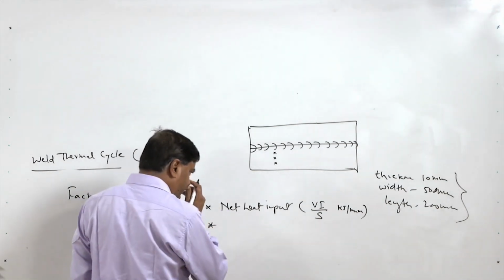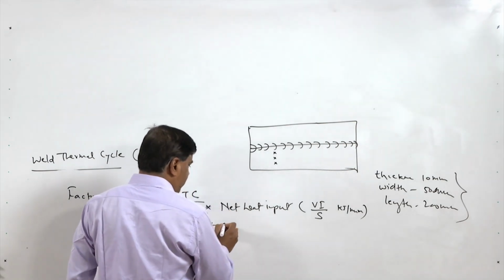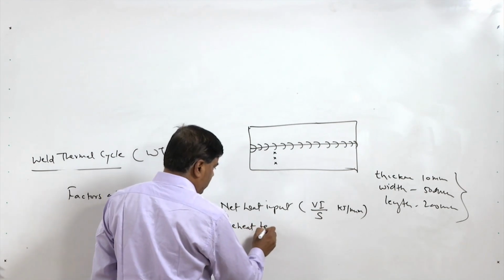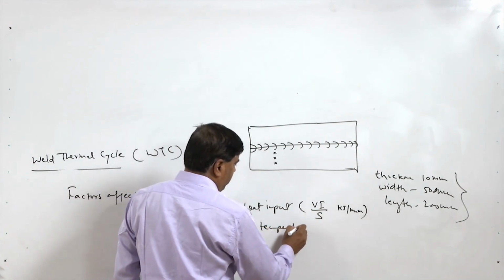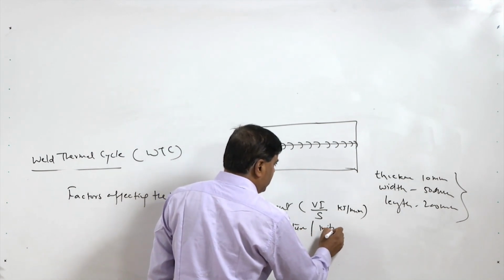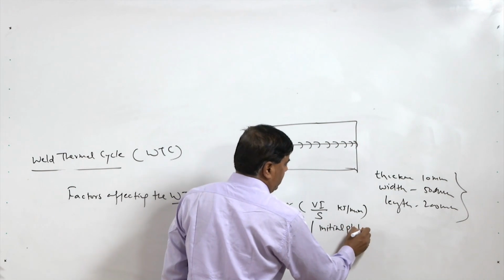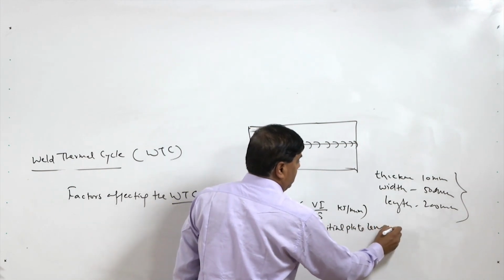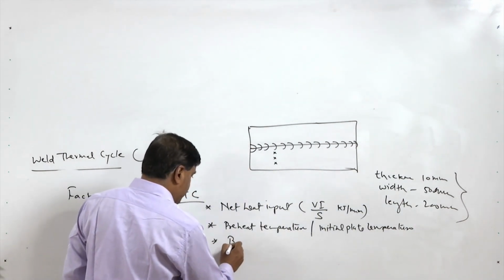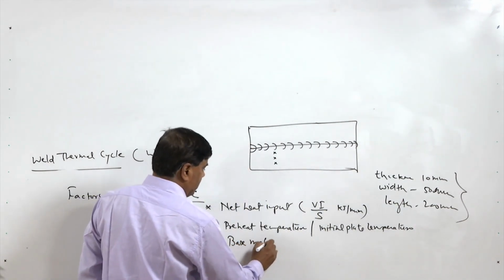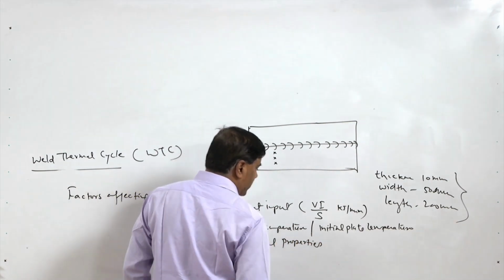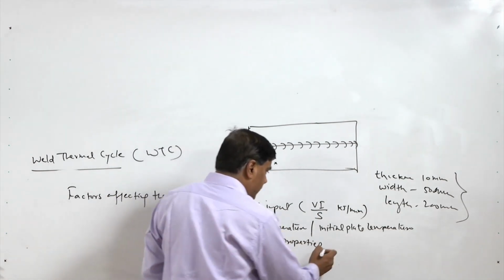Another one is the preheat temperature of the base metal plates, or we can say the initial plate temperature. And the third one, the base metal properties. There are two types of properties that are important.